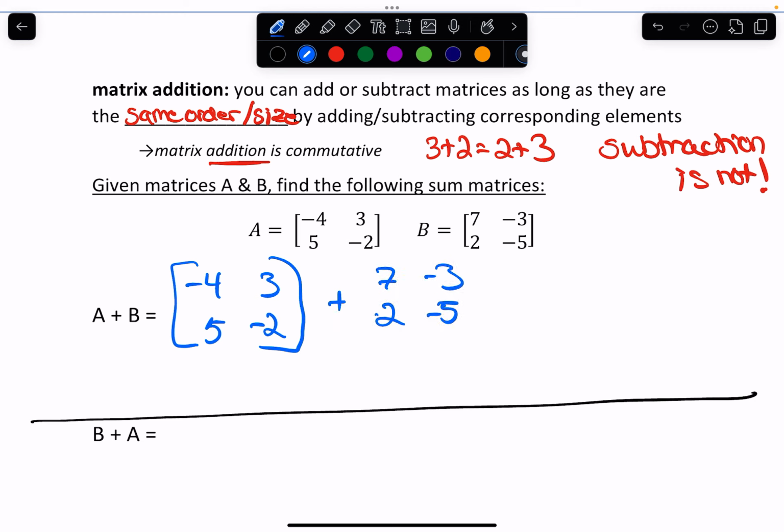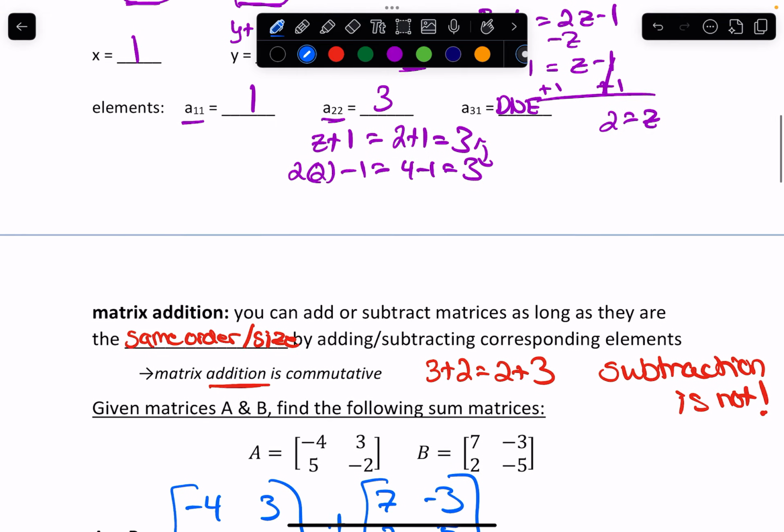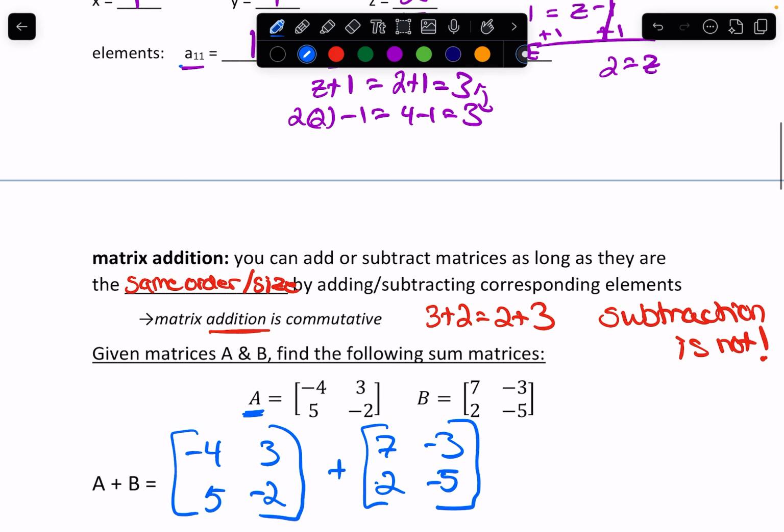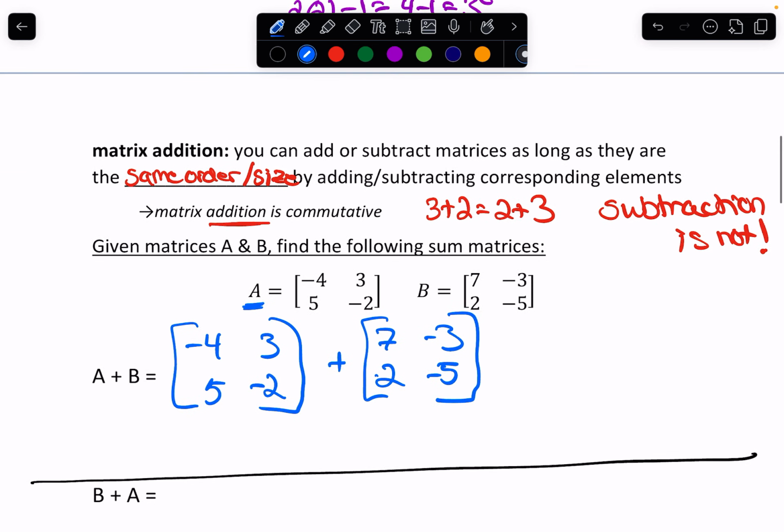Now, notice one thing that I did not point out here on this page: if we are talking about matrices, we use capital letters. When we're talking about elements, it's a small case a. So what we're going to do here is add the corresponding elements.